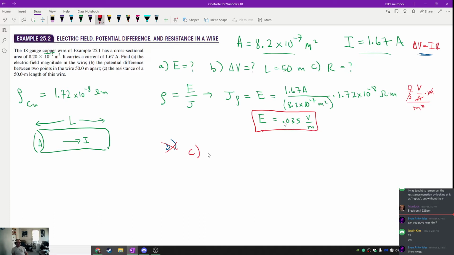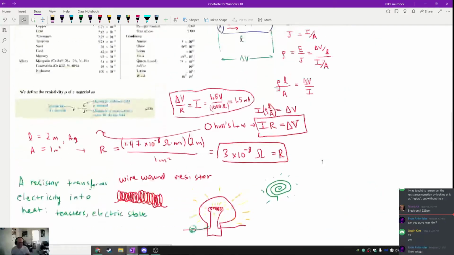So part C says to find the resistance, assuming that the length is 50 meters long. We know what the cross-sectional area is. We know rho. So resistance is rho times L divided by A. Right? Let's look this up over here.